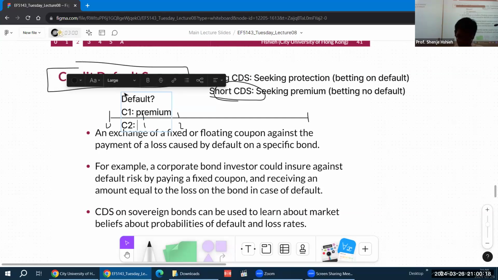If no default, C1 gets premium. If yes, C2 gets par value. That's insurance.